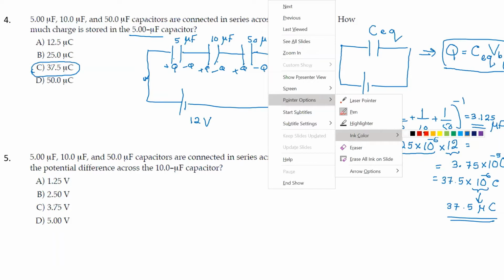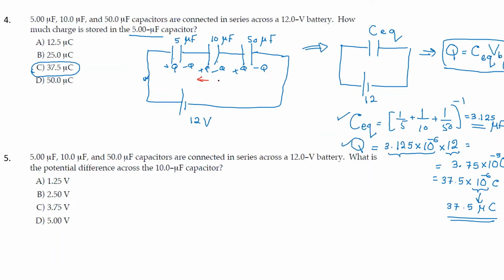So how to do it? They're asking us to calculate the voltage across this, right? If you remember, when we have to calculate the voltage across a capacitor, we need to use Q equals CV.